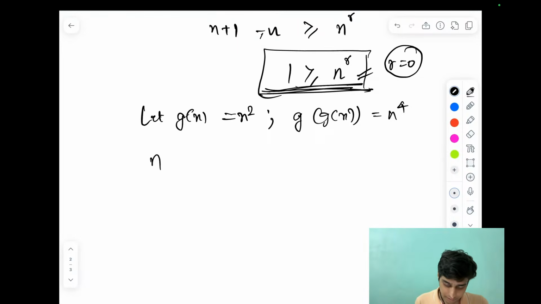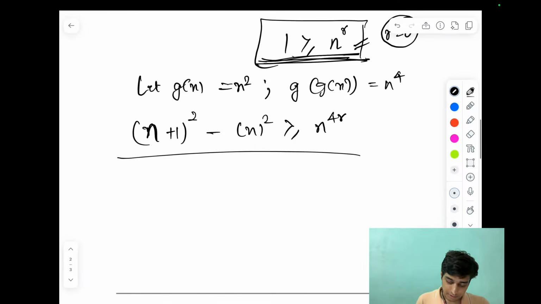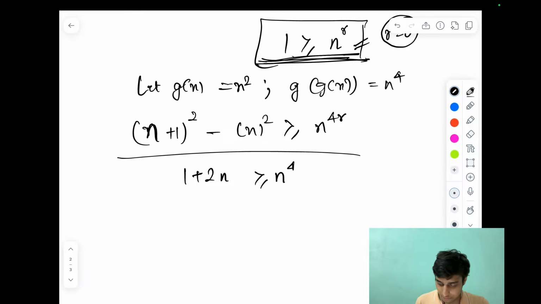And if I go with this, n plus 1 whole squared minus n squared is always greater than or equal to n to the power 4r. That's the only condition actually. If I go with it, it says 1 plus 2n approximately, and it is n to the 4r.